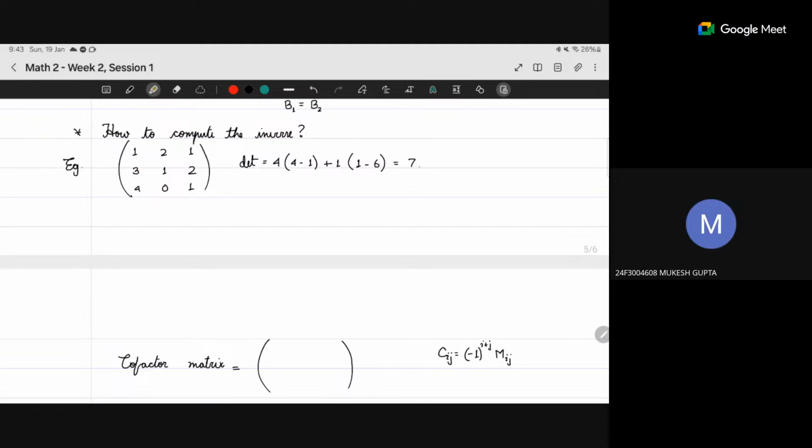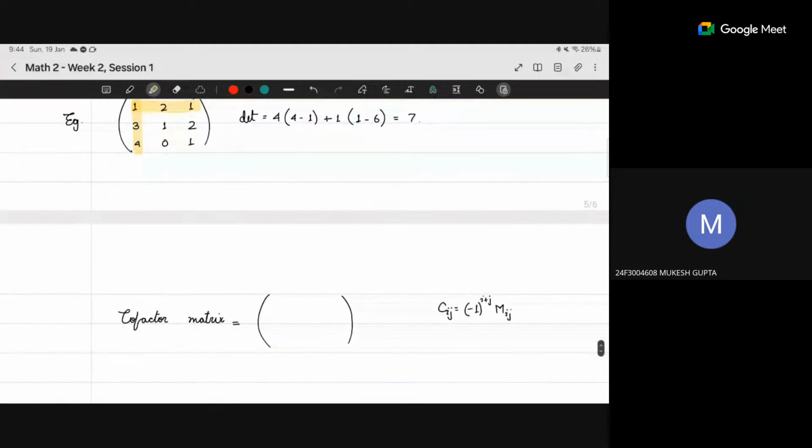For this matrix, I want to compute C11. I remove the highlighted row and column, and what I'm left with is 1, 2, 0, 1. The determinant of that is 1 minus 0, which is 1.